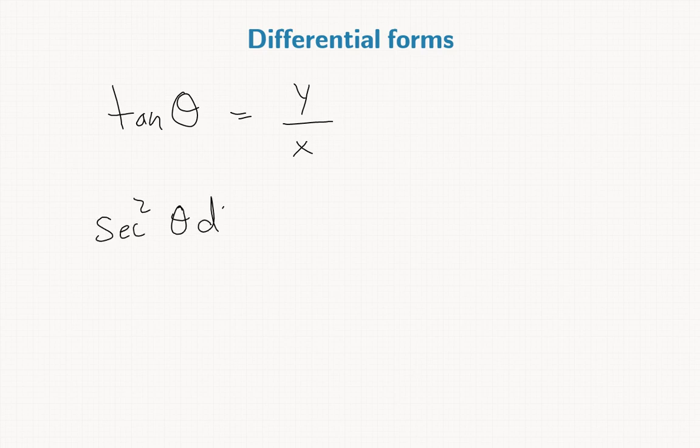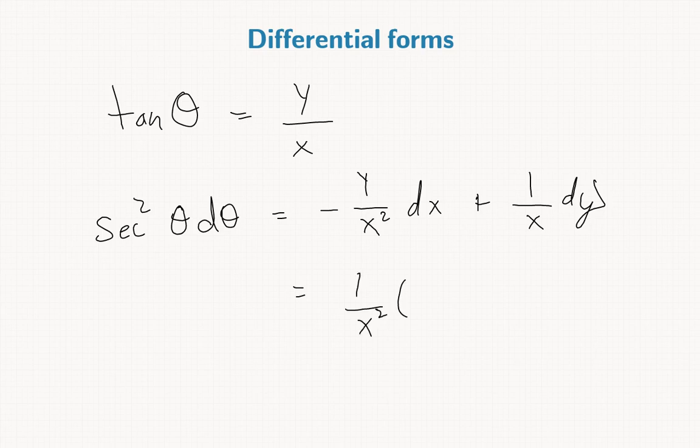So for this, we'll start out from tan theta equals y over x. Then we'll do implicit differentiation here. So we'll get sec squared theta d theta equals negative y over x squared dx plus 1 over x dy, which equals 1 over x squared times negative y dx plus x dy.